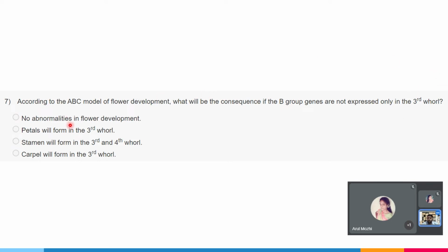The options include: there are no abnormalities in flower development, petals will form in the third whorl, the stamen will form in the third and fourth whorl, and carpel will form in the third whorl. There is only one correct option, so you can try answering this.